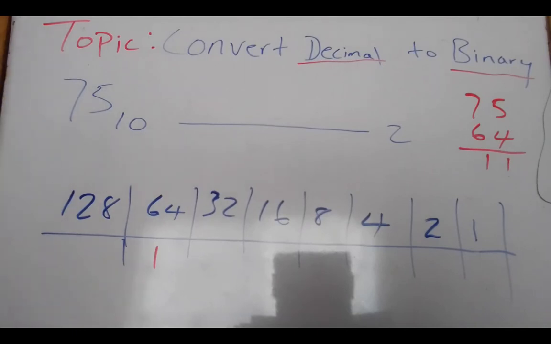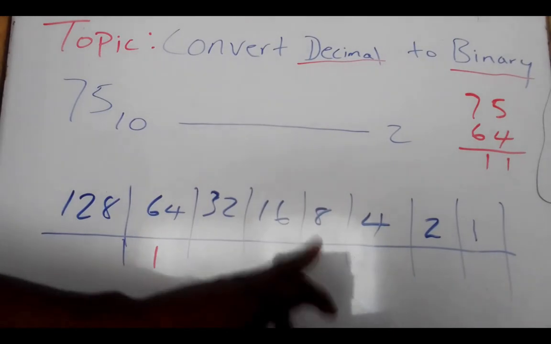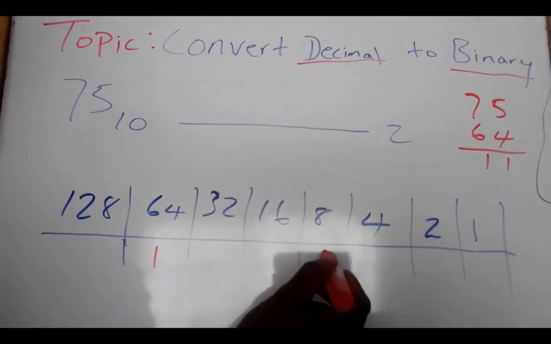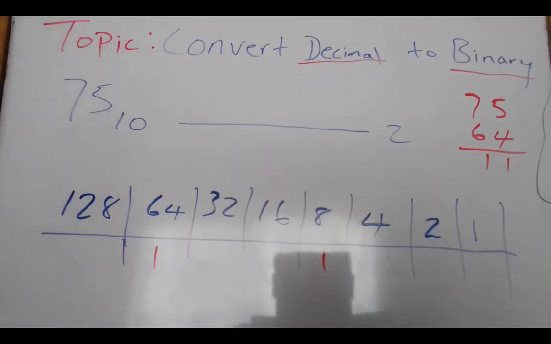So which number is the biggest number that is less than 11? That would be 8. So put a 1 where we have the 8.